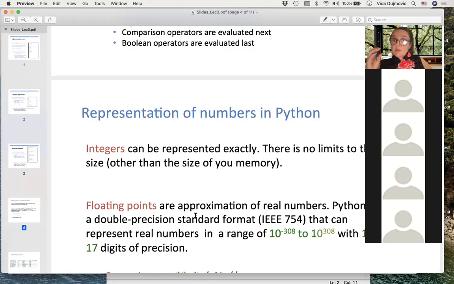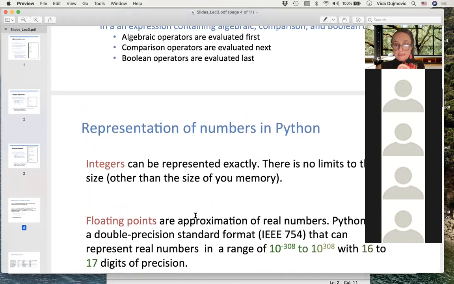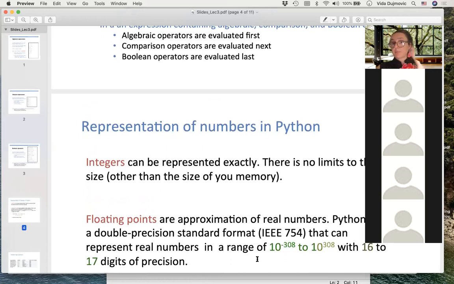Floating points are used to approximate the real numbers. You don't have to memorize this. All you have to remember is that when you are working with reals, you are actually getting an approximation of a real number. It may not be exactly the number that you're hoping to be working with. If you want to know how it is represented, you basically get 16 digits of precision, and then you get times 10 to some power.